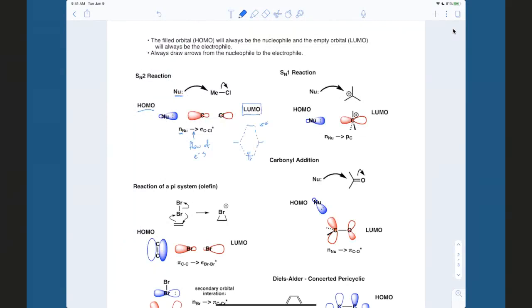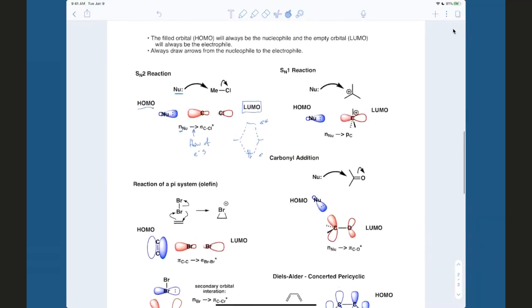So this would be, say, a sigma and a sigma star, which is empty and has no electrons in it. If you were to put electrons in this orbital, the bond breaks. In this case, we could view this as coming from a chlorine and a carbon for the carbon-chlorine bond. If we take the electrons from the lone pair and fill the anti-bonding orbital that's drawn here, the LUMO, then it will cause that bond to break.